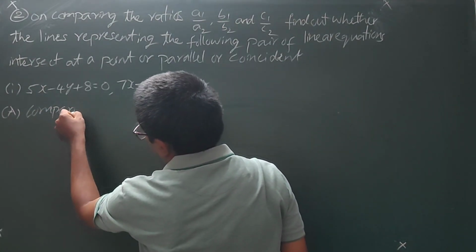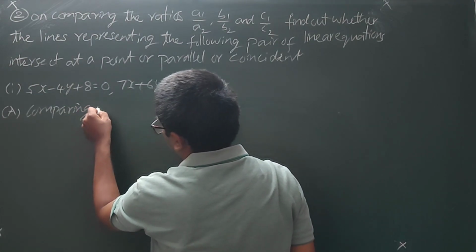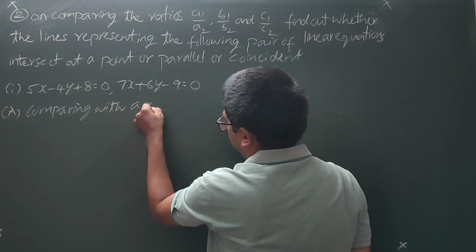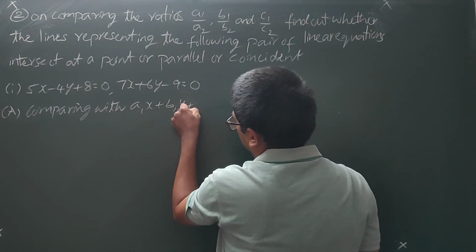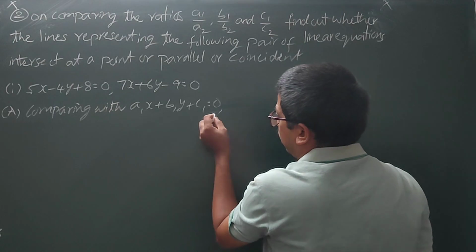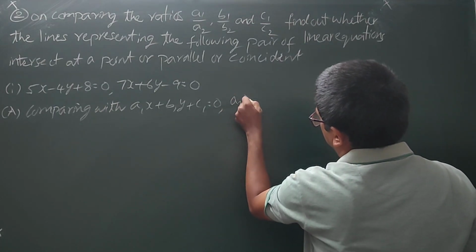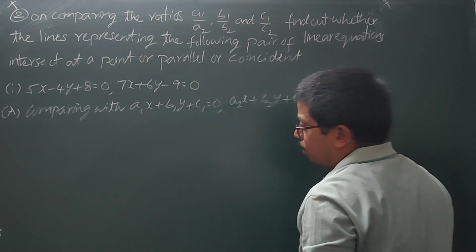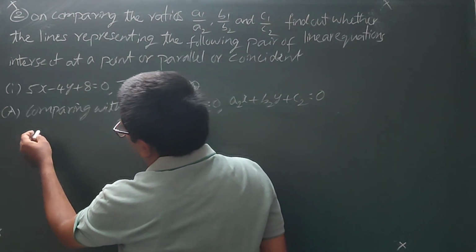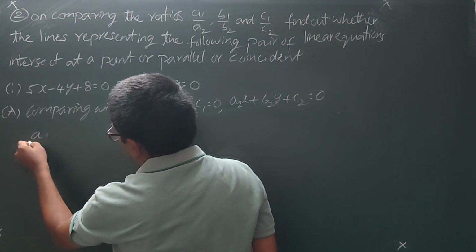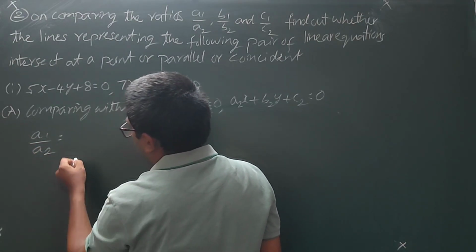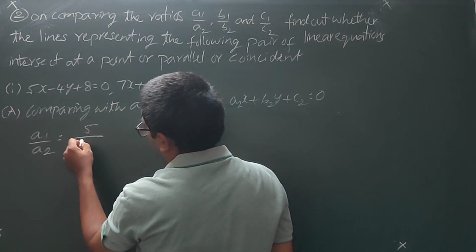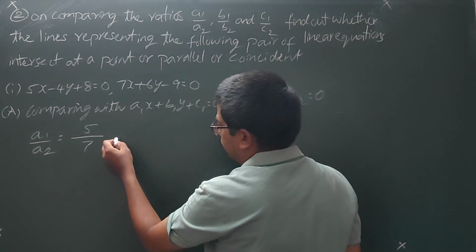Comparing with a1x plus b1y plus c1 equal to 0 and a2x plus b2y plus c2 equal to 0. So a1 by a2 equal to, x coefficients, 5 by 7.